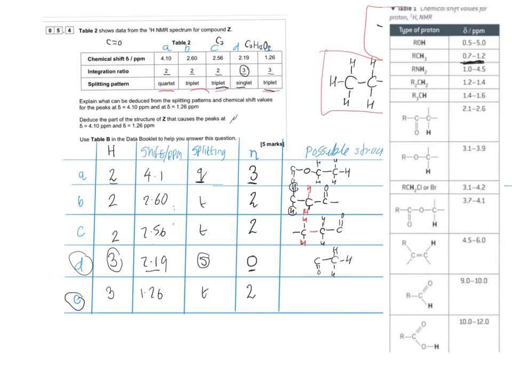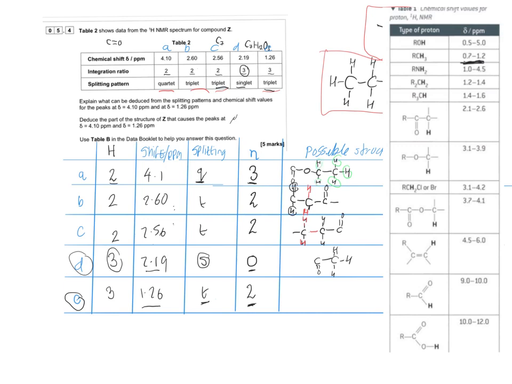Our final peak at E is a triplet which is right next to 2 protons with a low chemical shift. And that suggests it could possibly be these 3 protons here, because the signal has been split into 3 because the nearest number of neighbours is 2.